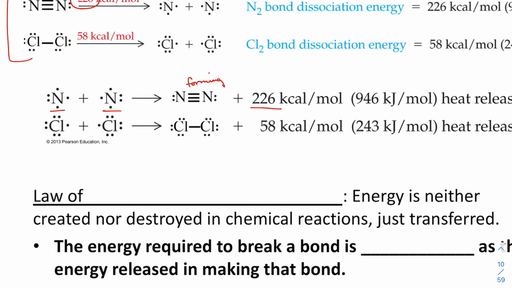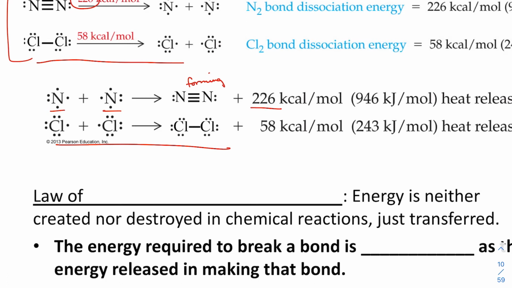In the top figure up here, we're breaking bonds, but in the bottom figure down here, we're forming bonds. But again, the same amount of energy is associated if you're talking about the same kind of bond.